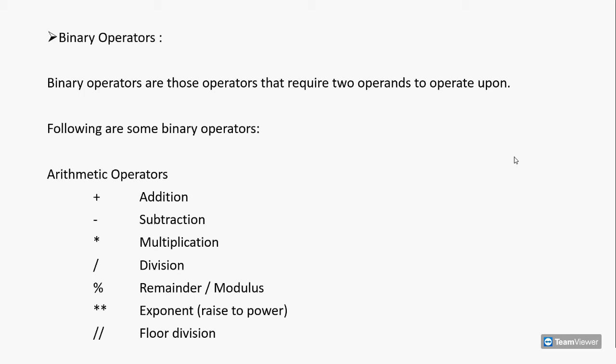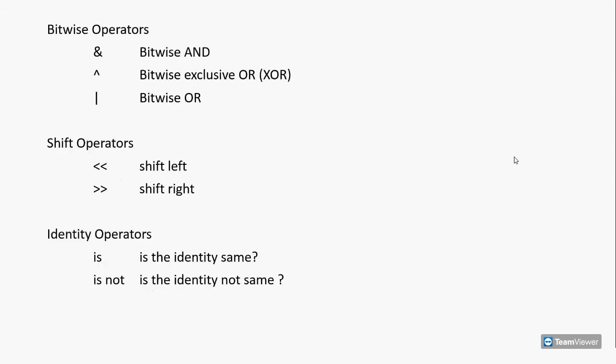Star, this is the multiplication operator. Slash, this is for division. Percentage, this is the remainder or the modulus operator. Double star, this is the exponent or raised to power operator. And double slash, this is for floor division.